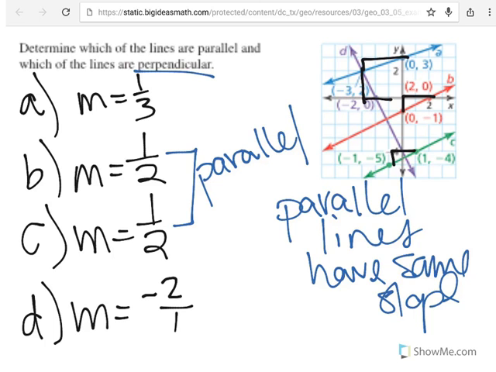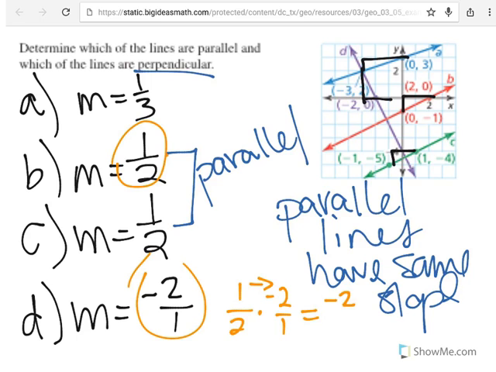So I can see that 1/2 and -2 over 1 are opposite reciprocals. Or you can take the two slopes and multiply them together. If you get a -1, then they're perpendicular. So 1/2 times -2 over 1. If you multiply straight across, 1 times -2 is -2. 2 times 1 is 2, and this reduces to -1.